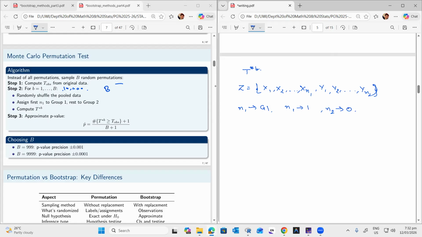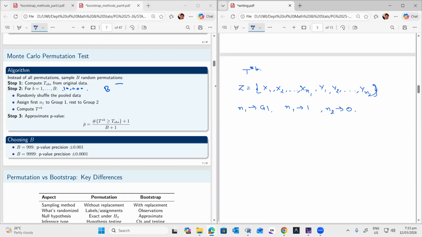The test statistic is recomputed using the original data, but with this new label assignment. The data values themselves are never altered, only the grouping is rearranged.